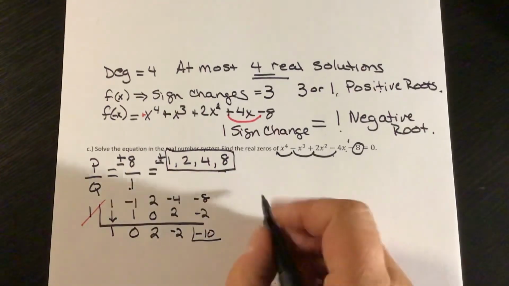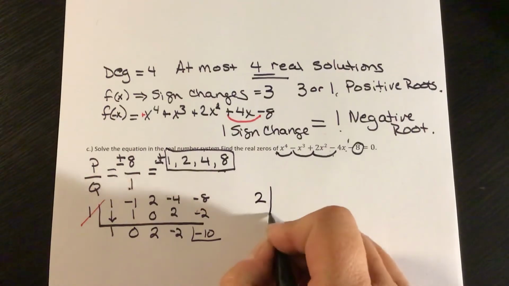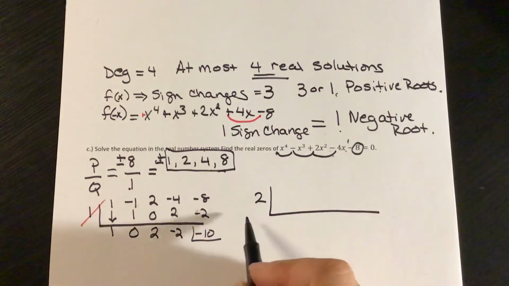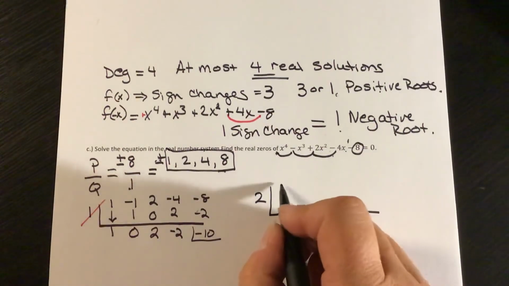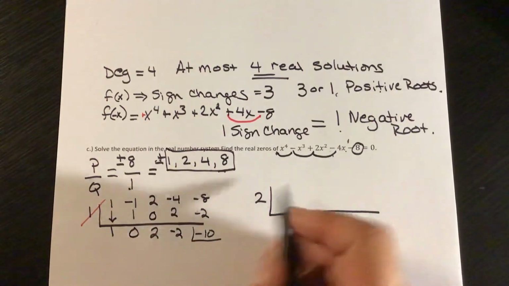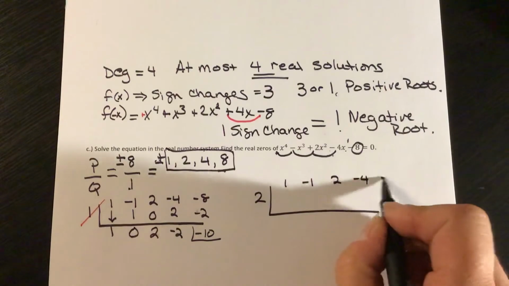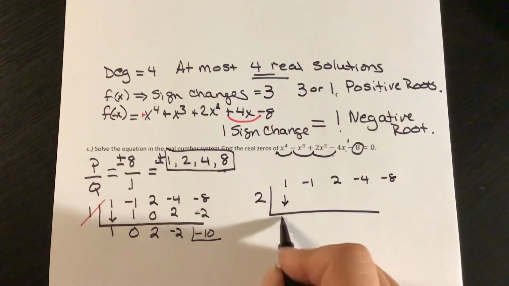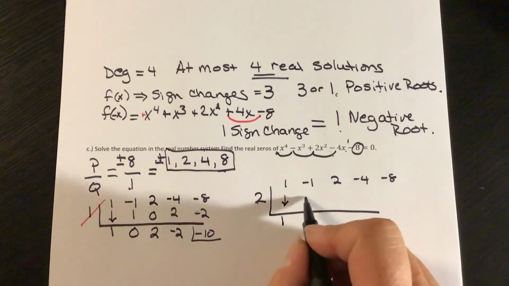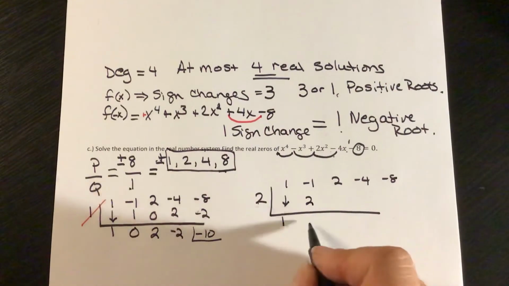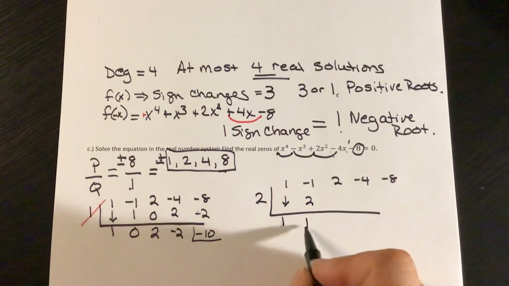Let's try 2. So I have 2, and my coefficients stay the same: 1, negative 1, 2, negative 4, negative 8. Bring down 1. 2 times 1 is 2, add, I get 1. 2 times 1 is 2.